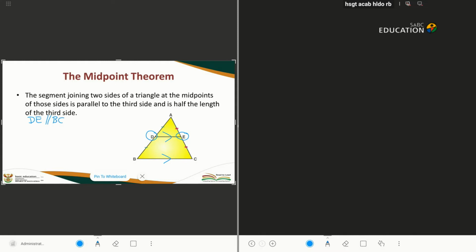And the next part of my conclusion is that the line that was drawn, meaning DE, will be half of the third side. BC is the third side, so it's half BC. You must please look at that as well. So now I'm giving you a third method where you can calculate the length of a side, because you might be using the midpoint theorem. So we've got similarity, we've got proportionality, and now we've got the midpoint.